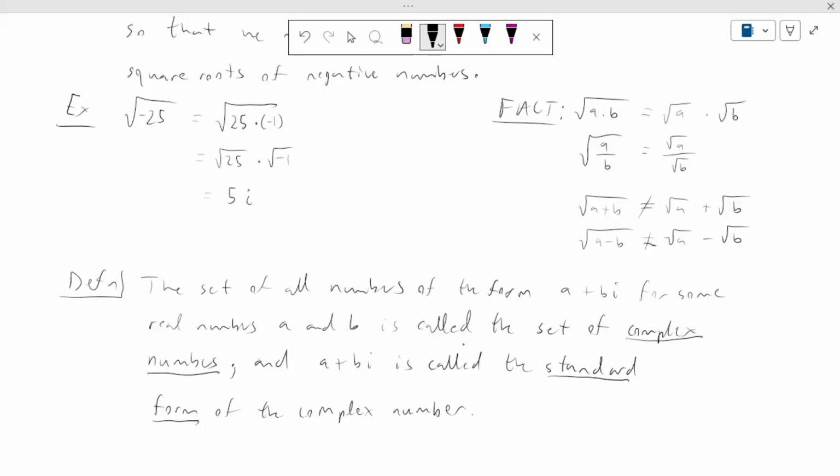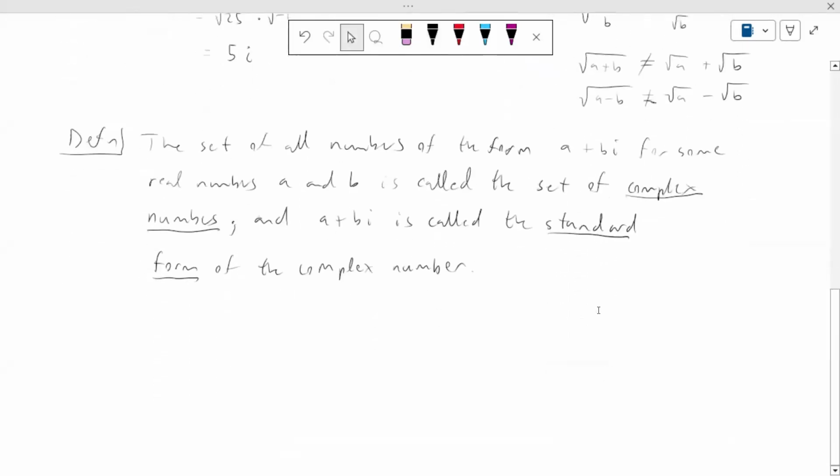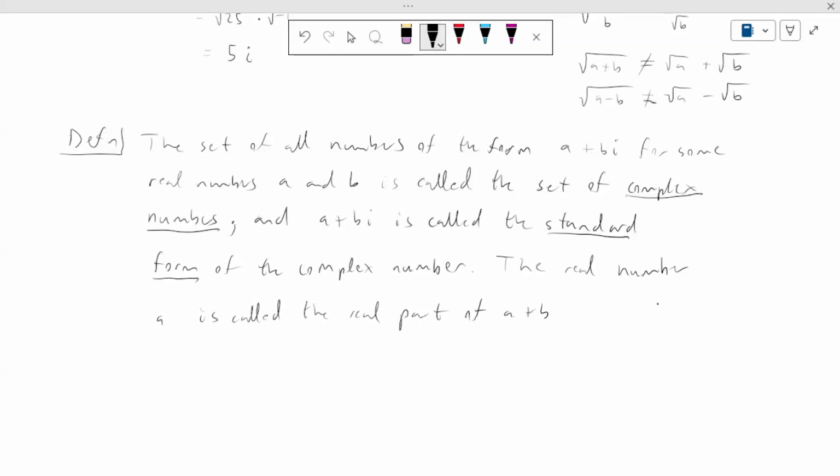Okay, couple more definitions here. Add it to the same set here. The real number a is called the real part of a plus bi. So it's the real part of the complex number. The reason it's the real part is because there's no i attached to it. So that's just a real number, a, right there.